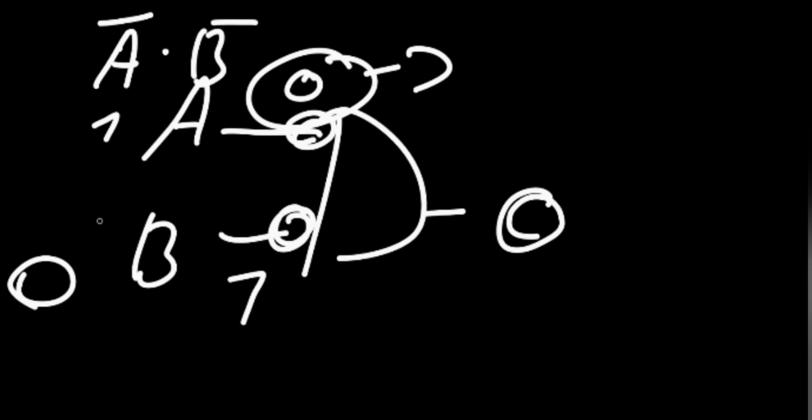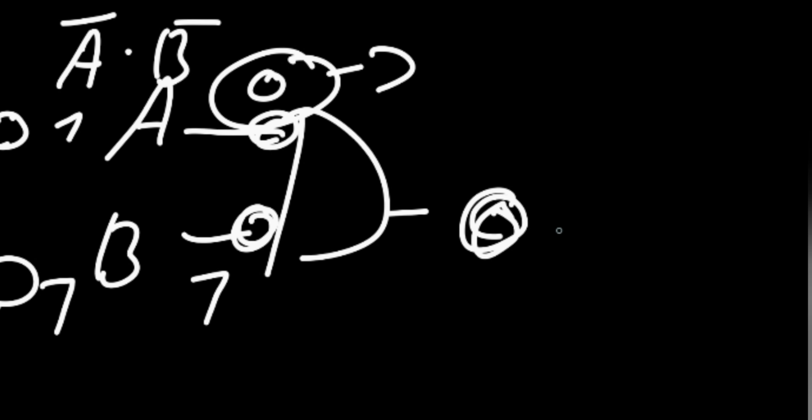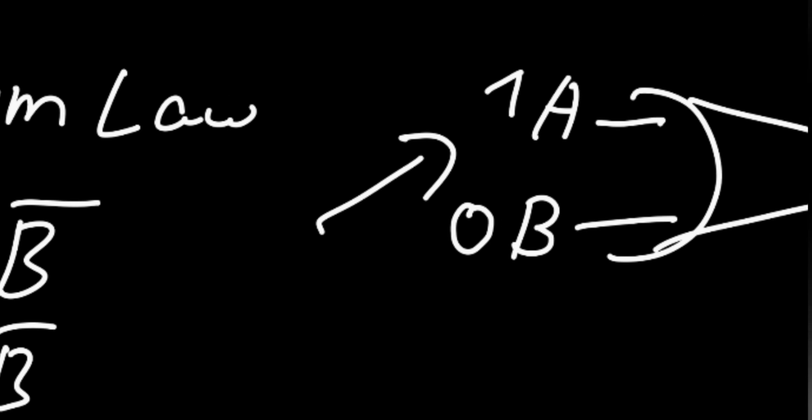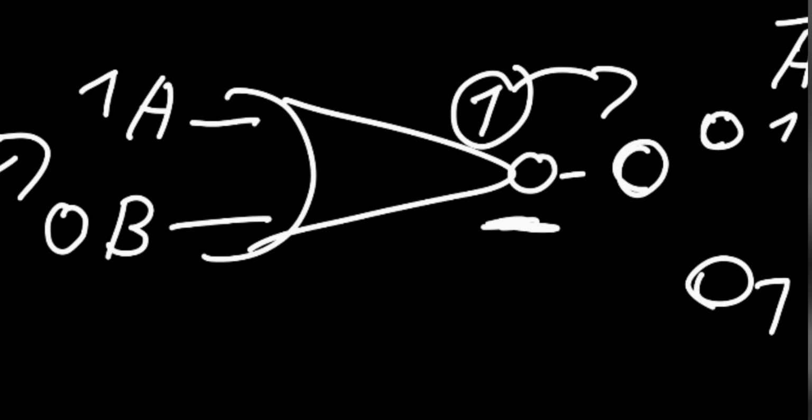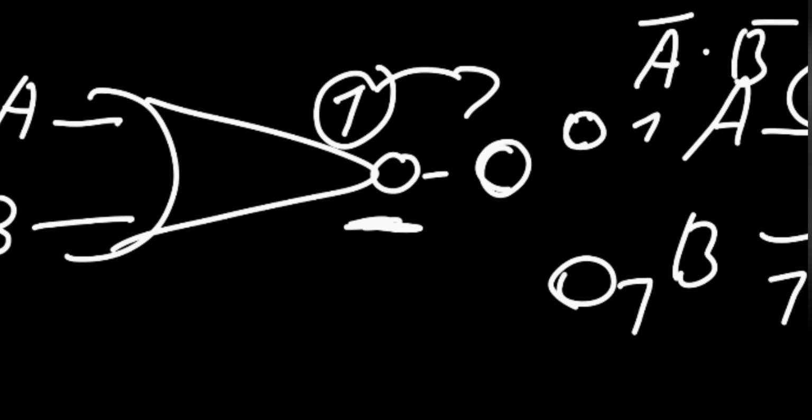If both of them were 1, it would be 0. If both of them were 0, for example, it would give us 1, and in here also we would get 1. So yeah, I hope you understand this De Morgan's law.